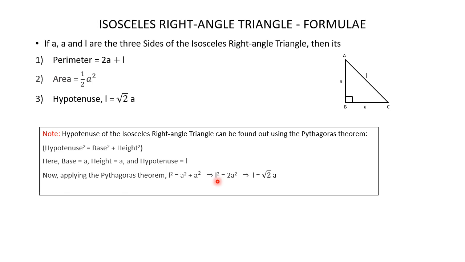This is nothing but L squared is equal to 2A squared, which means L is equal to square root of 2 multiplied by A. Remember these three formulae to solve problems on isosceles right angle triangle.